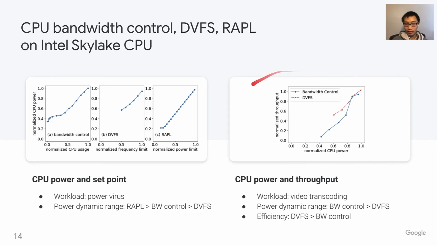On the right, we run a video transcoding workload, which is throughput-oriented, and plot normalized throughput versus normalized CPU power. From the CPU power, we can see that in this test, bandwidth control also has wider power dynamic range than DVFS. Given a power budget, however, DVFS has better throughput than bandwidth control. Therefore, we may use it for future efficiency optimization.